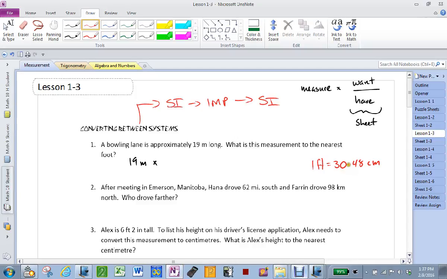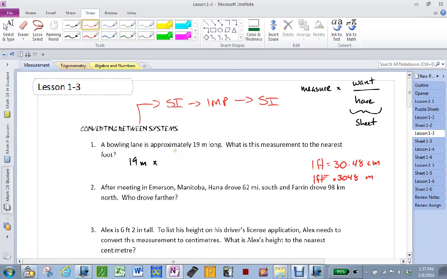So how do I move that decimal to find meters? We've already done this yesterday, right? How many steps does it have to go from centimeters to meters? 2. So 1 foot is also 0.3048 meters. Is everyone cool with that?